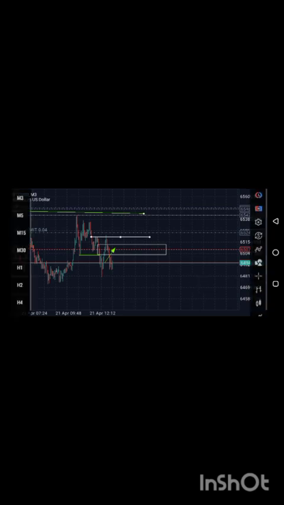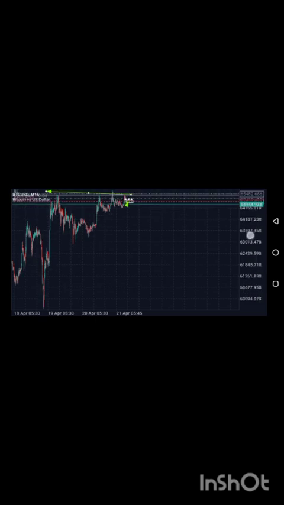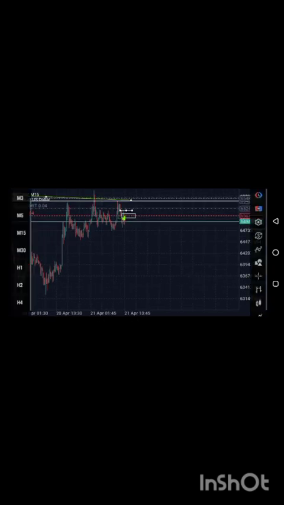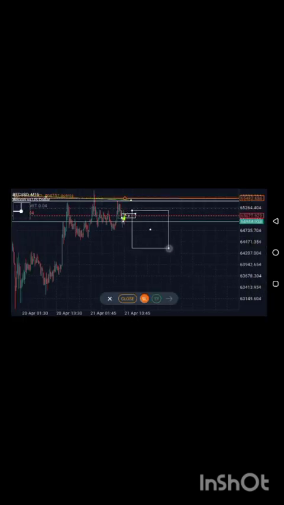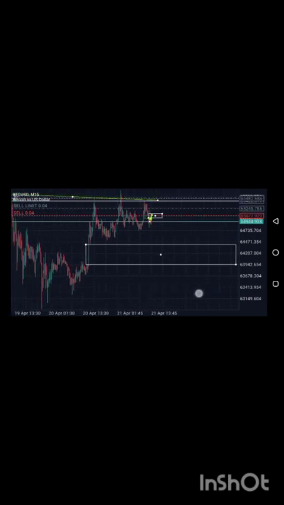So my TP, where will be my TP? Okay, you see this void here, this imbalance in the market here. This is it. So price is coming down to this imbalance in the market, this is an FVG, fair value gap, or you can call it a liquidity void, where price prints an impulsive candlesticks without any other reaction around it.